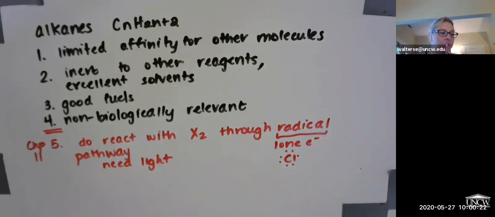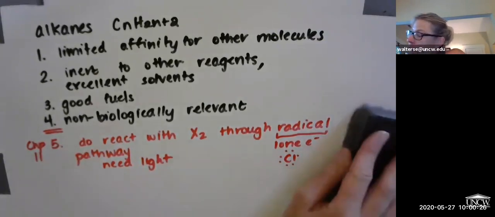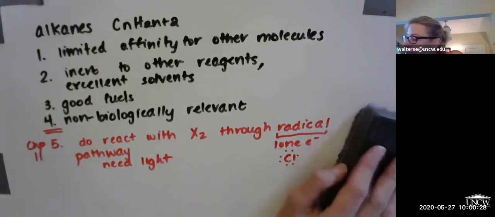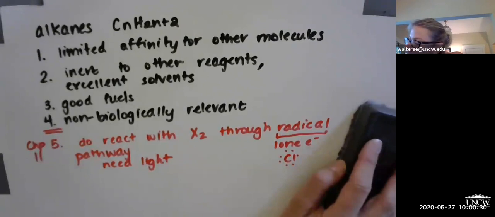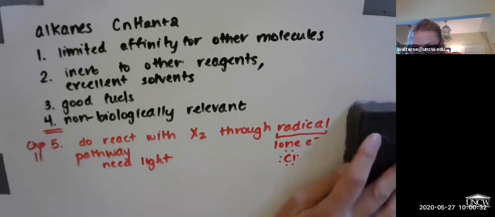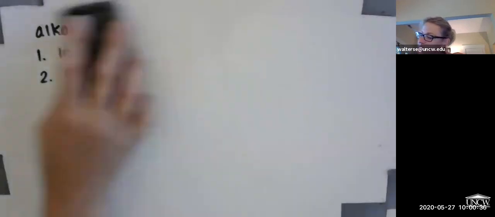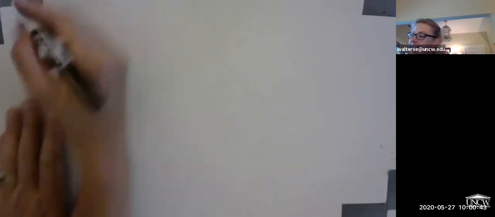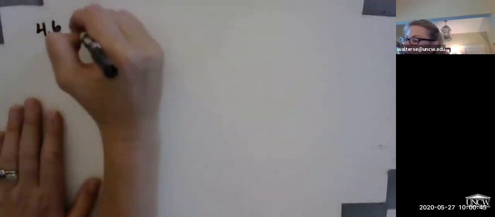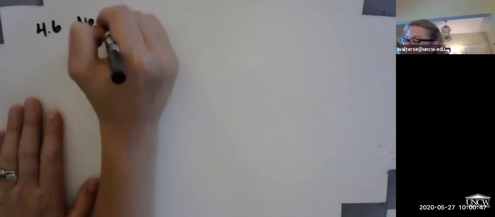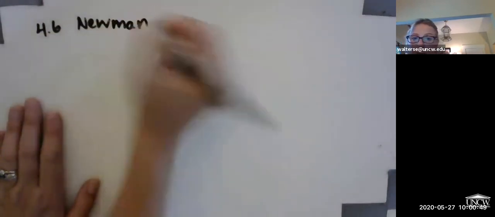And so we're going to look at three alkanes in a new perspective. And this is section 4.6 in your book, and it's called Newman projections.